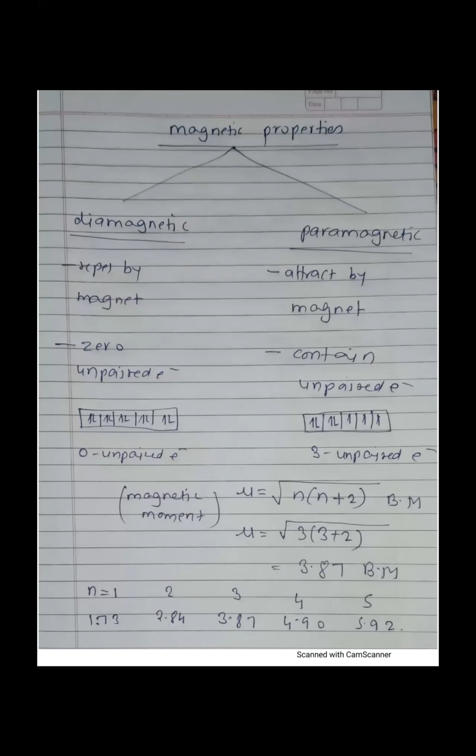Okay. Now the next topic is magnetic properties. There are 3 types of substances: diamagnetic, paramagnetic, and ferromagnetic. We will only focus on diamagnetic and paramagnetic.